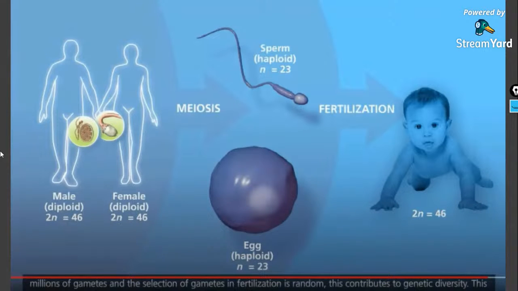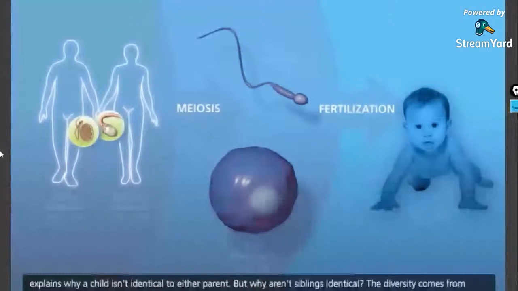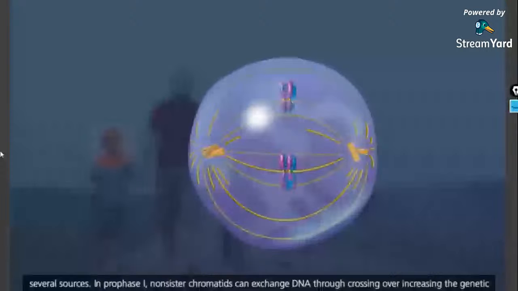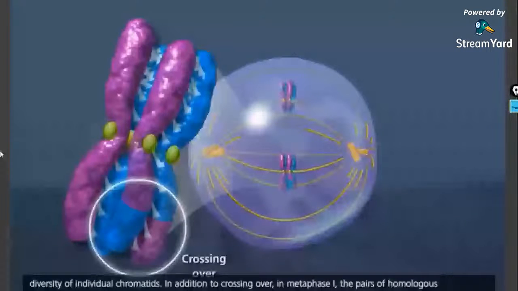This explains why a child is not identical to either parent.